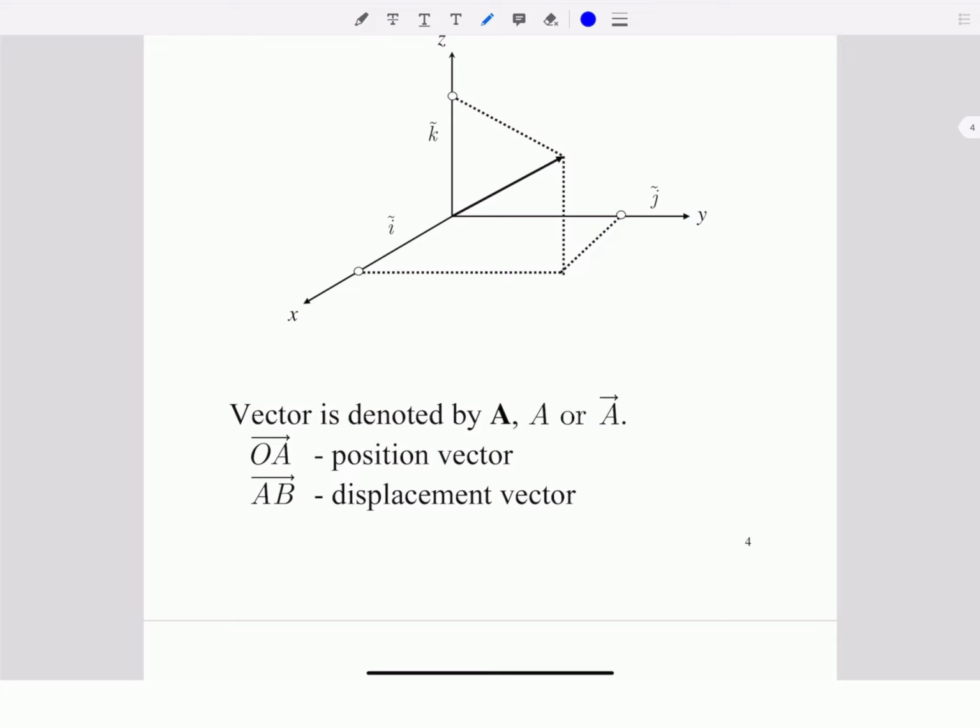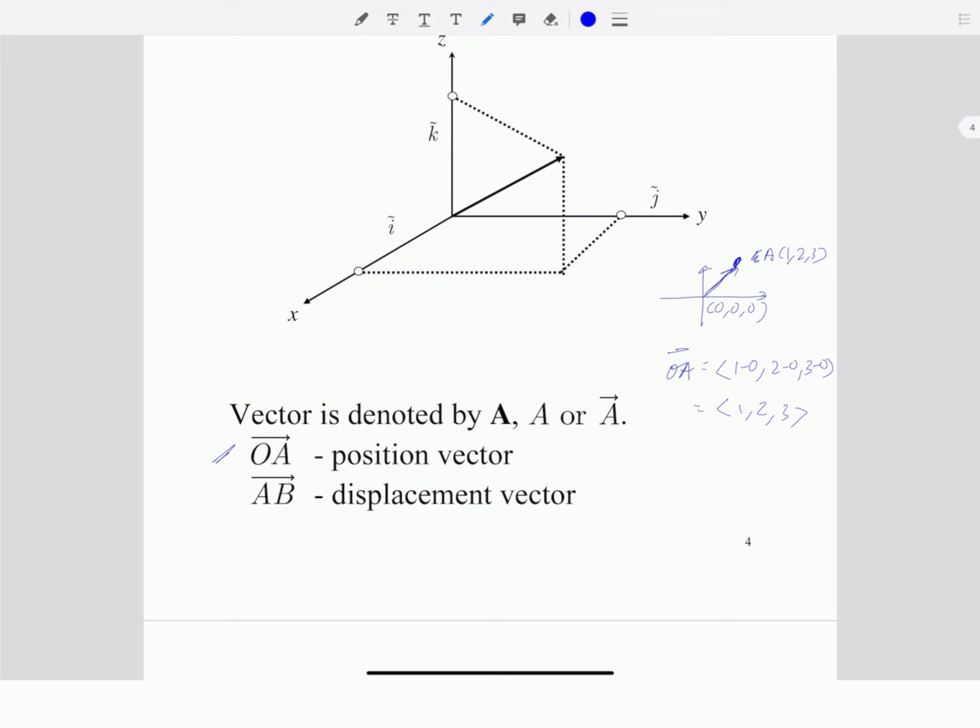If you can still recall, for example OA: if you have coordinate A, which is (1, 2, 3), and you want to define the vector, it is OA, meaning A minus O, so 1 minus 0, 2 minus 0, 3 minus 0. So we have (1, 2, 3) as the position vector from the origin.